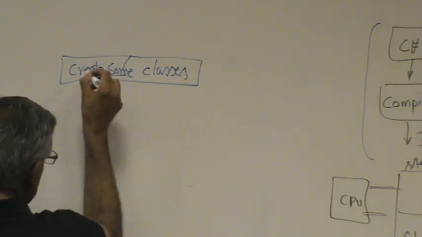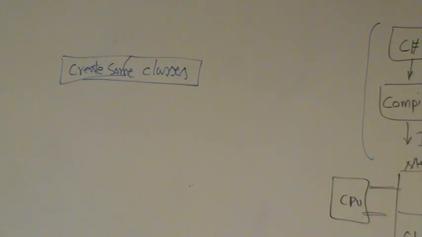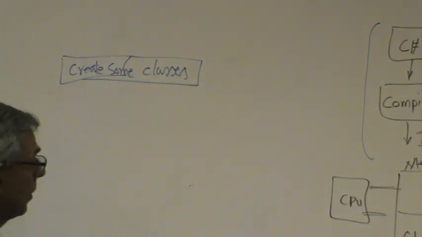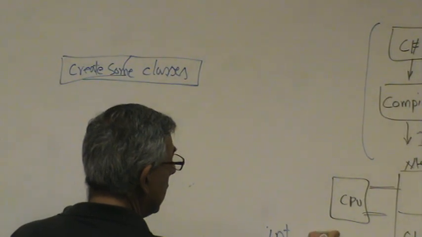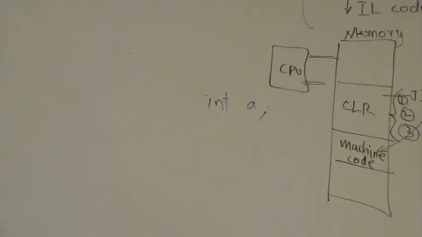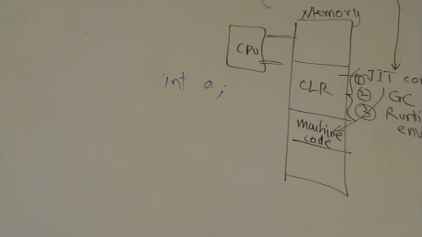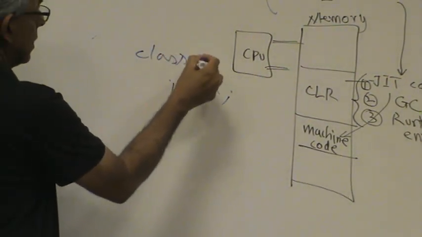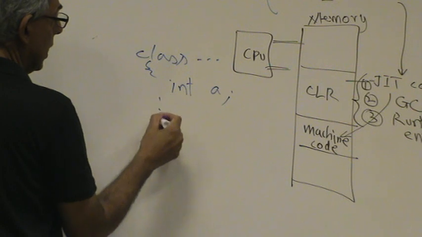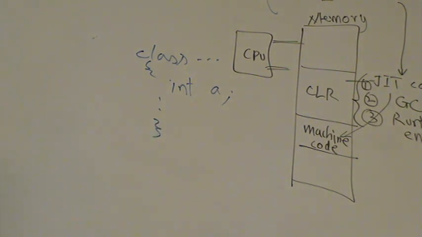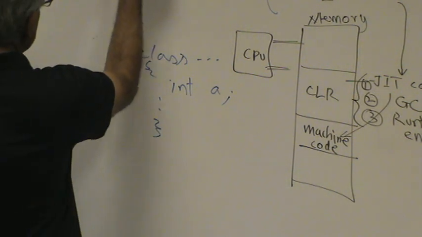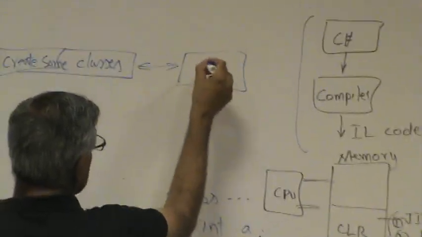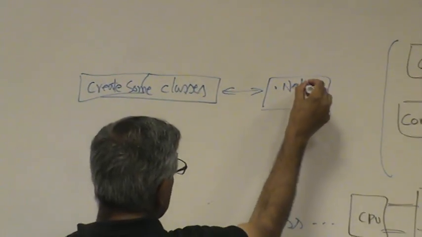Okay. So now we also discussed that when we write programs, we will create some classes of ourselves. In the object-oriented world, every piece of code that we write belongs to a class. For example, if you declared a variable like this, and it does not belong to a class, your code will not compile. So it has to be inside a class, whatever class name you give it. So we create some classes. We pick some of the classes from the .NET library.